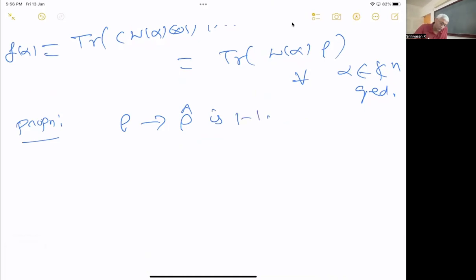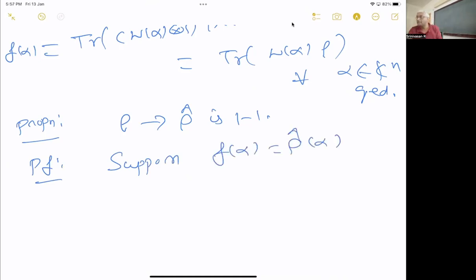Okay, so proof. Rho is a state, rho hat is its characteristic function.